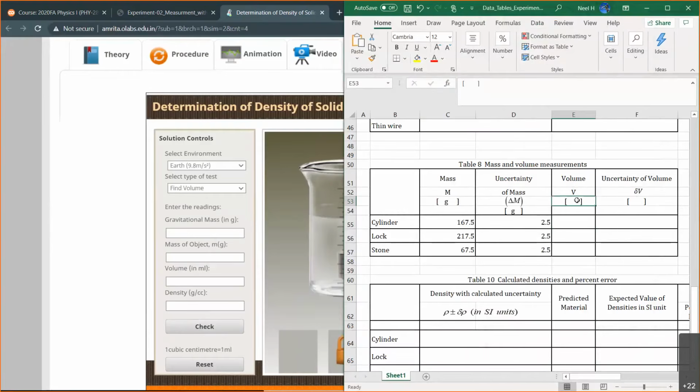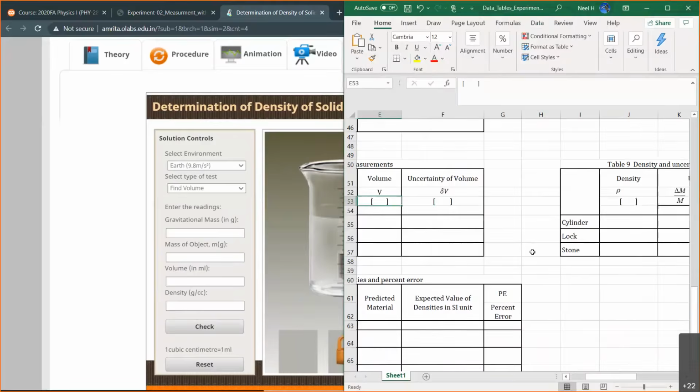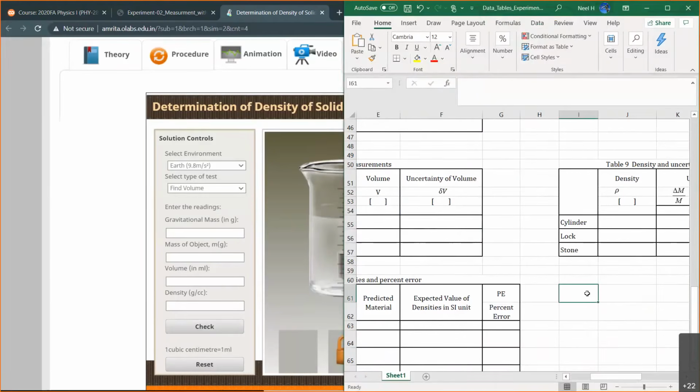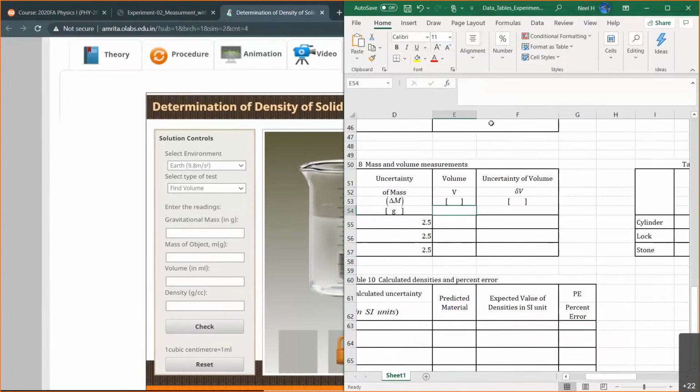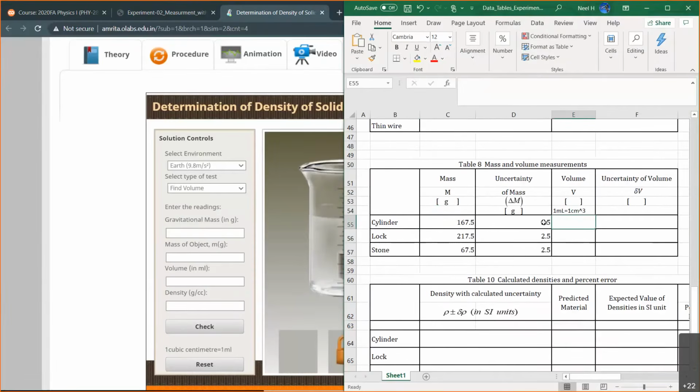The conversion is very simple. Let me write it down directly here, since it might be useful later when you're doing the lab report. Each 1 milliliter is equal to 1 cubic centimeter. That means if the volume of the cylinder is 20 milliliters, it is 20 centimeter cube.